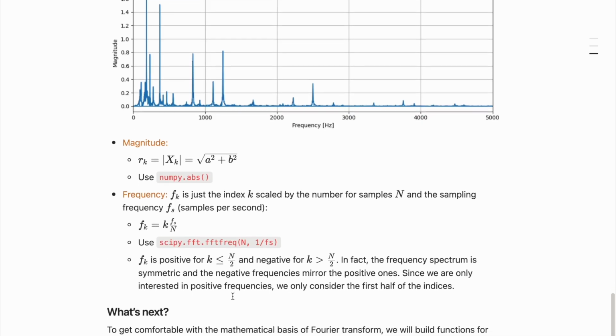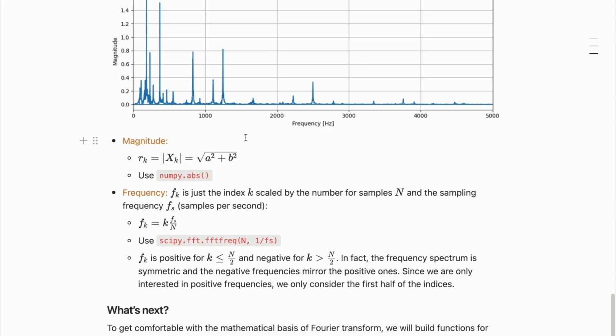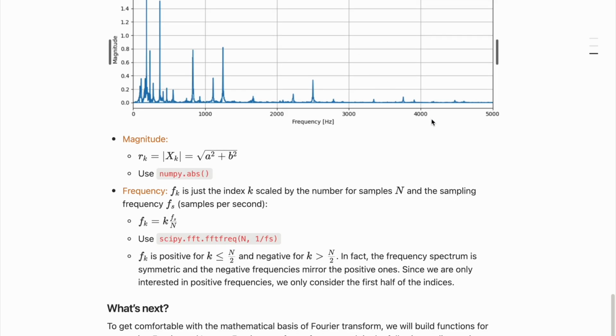There's one last detail. It turns out that the mathematics work in such a way that we end up with both positive frequencies and negative frequencies. That is, there is a mirror image of this diagram that has all of these spectra in the negative frequency domain as well. But we're not interested in the negative frequencies, so we just plot the positive frequencies in our frequency spectrum.